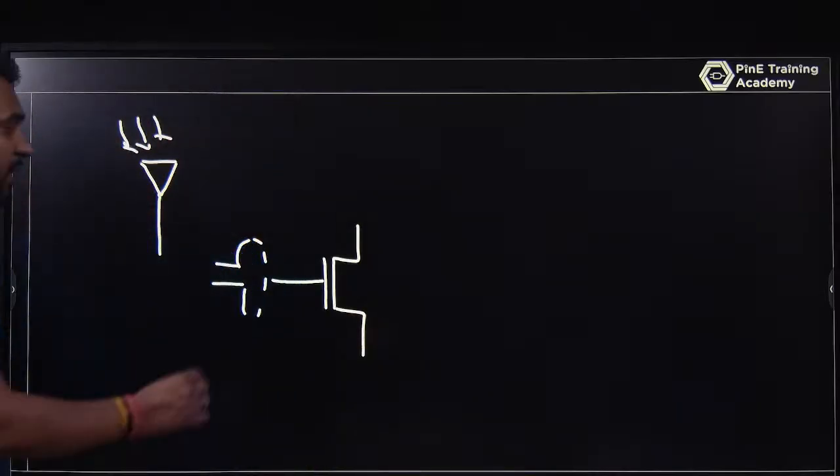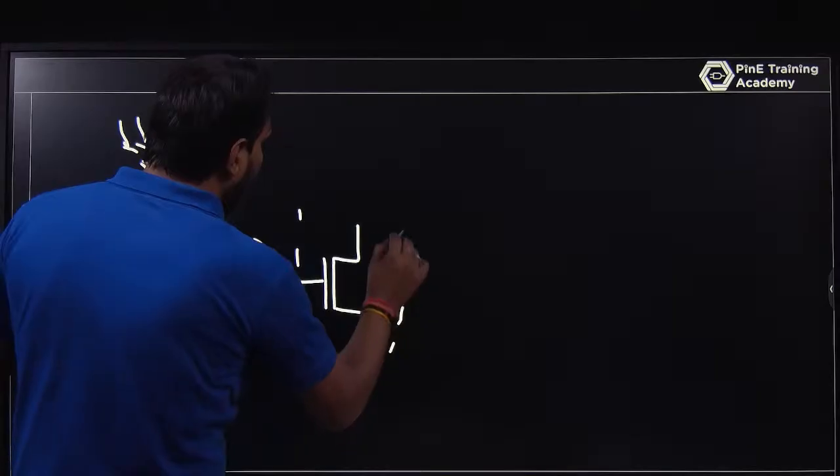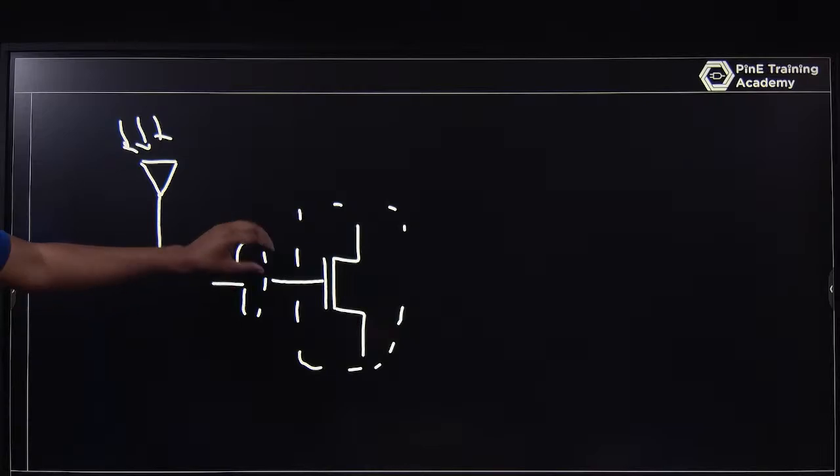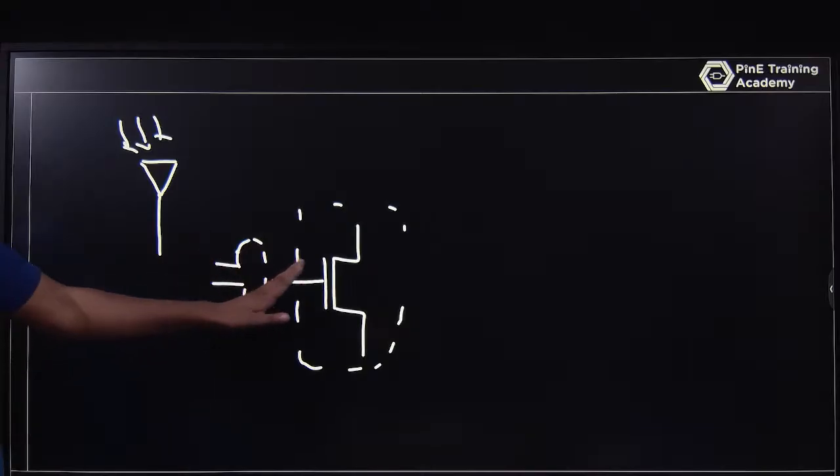Let's say I am designing a circuit that is an amplifier. So this signal or this voltage will not reduce. Why? Because there is no loading effect. The input impedance is infinite, so the same voltage will be provided on the gate side.